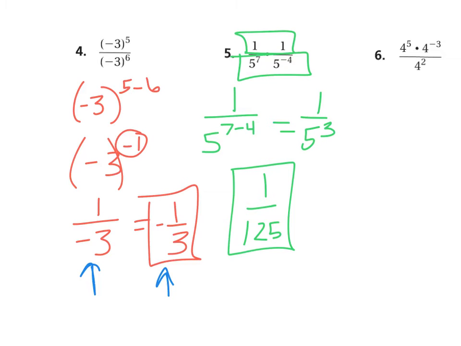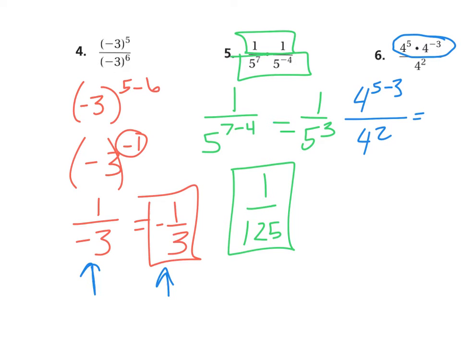Now this one could be a little confusing because you can actually do it 2 different ways. You can either do the multiplication part first or the division first. Either way is going to give you the same answer. So maybe I have room. I'll try and squeeze both ways on here. If I do the multiplication first, I get 4 to the power of, remember you add these, 5 plus a negative 3, over 4 to the power of 2.